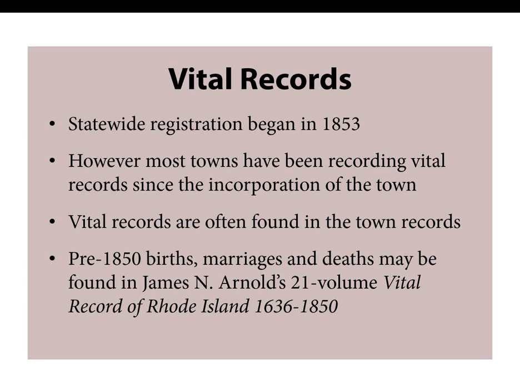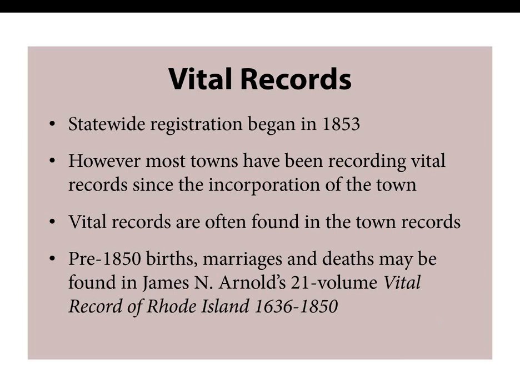And then there's an awesome pre-1850 compilation of births, marriages, and deaths that can be found in James N. Arnold's 21-volume Vital Record of Rhode Island, 1636 to 1850, which is usually everybody's go-to when it comes to looking for early vital records.